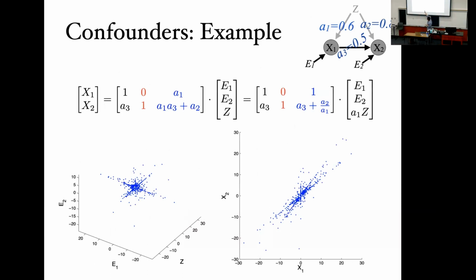That's why we have a kind of line pattern parallel to each of those three axes. And then this is the scatter plot of X1, X2. If I see this pattern, I can immediately tell you that X1 causes X2, but not the other way around. Why? When you see this kind of line pattern, you know there's something that influences X2 but not X1. Clearly, you can see the direction.